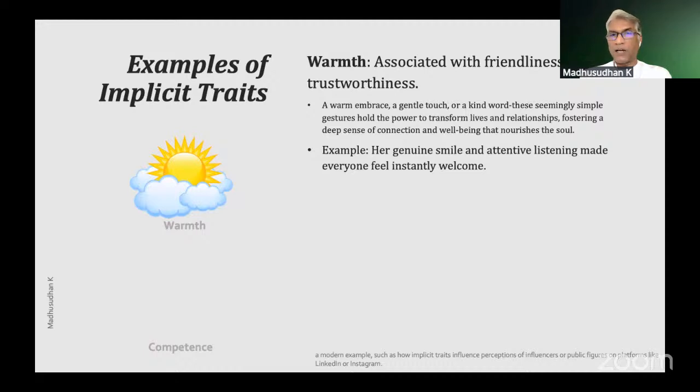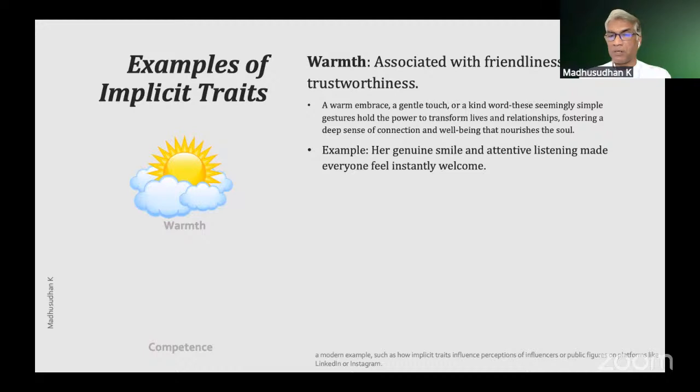Example: her genuine smile and attentive listening made everyone feel intensely welcome. This is nothing but warm. Genuine smile and attentive listening. A boss who smiles genuinely and listens to everybody attentively, then everybody feels warmth talking to the boss, shares everything with her or him.